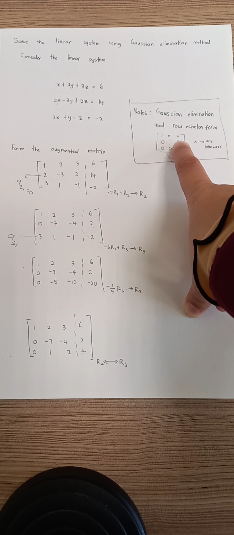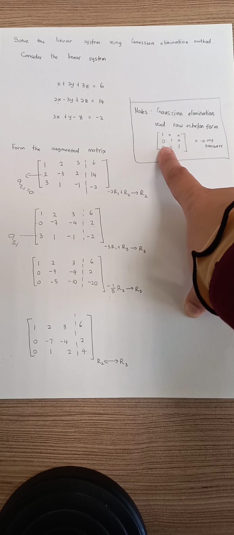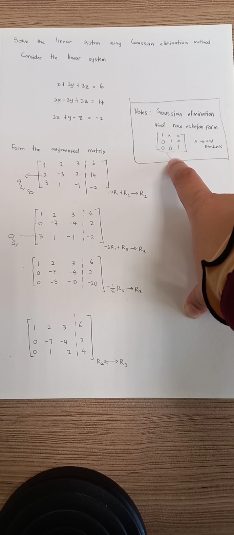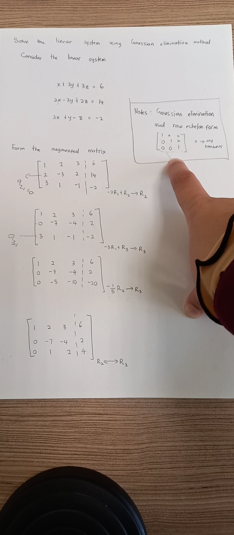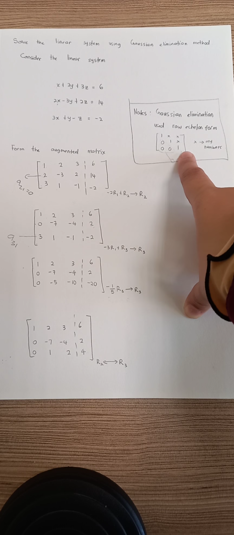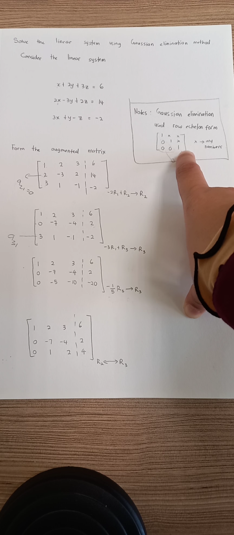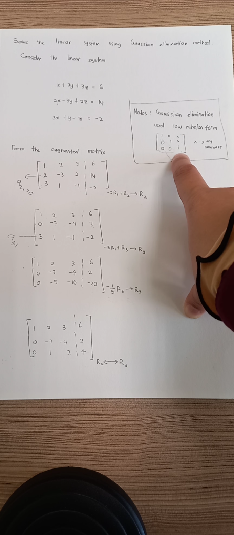And then the lower triangular must be 0 numbers. That is the row echelon form properties. The diagonal must be 1. This is what row echelon form is.